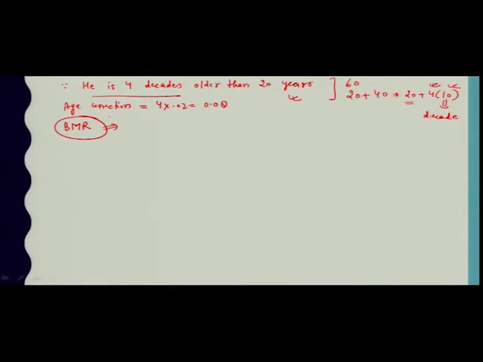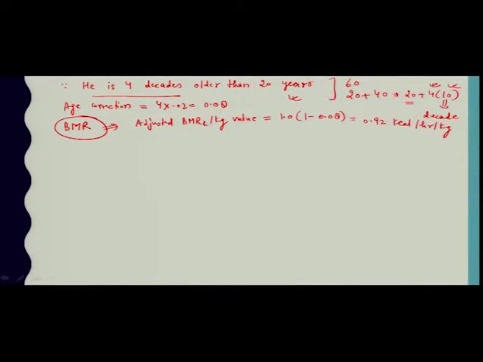So in this way, adjusted BMR per kilogram value will be 1 minus 0.08, that will be equal to 0.92 kilocalorie per hour per kilogram.